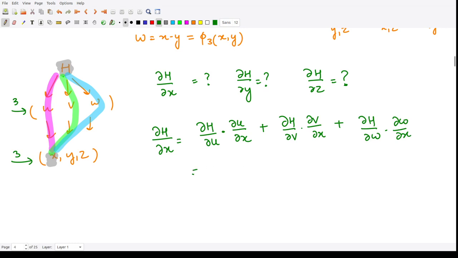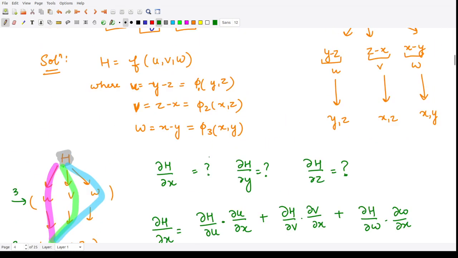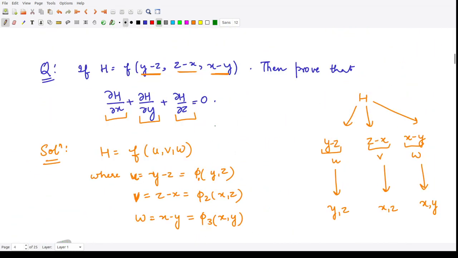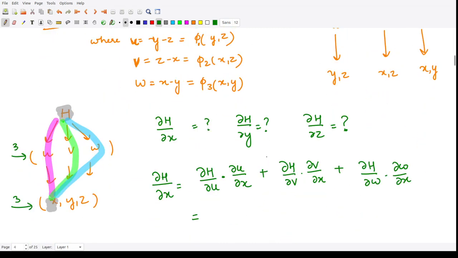Because the expression for h is not given to you explicitly, you cannot calculate these derivatives as such, so you will keep del h by del u, del h by del v and del h by del w as they are.